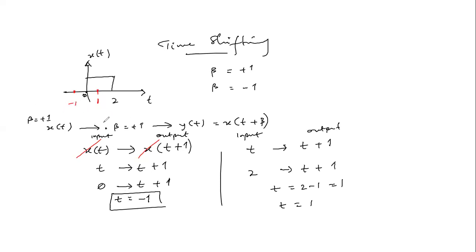So it means that when t is 0, we have the amplitude here to be 2, right? So it shifts to -1, right? Do you get that? The amplitude remains. It shifts to this point. So when t is 2, the amplitude, which is also 2, shifts to 1.